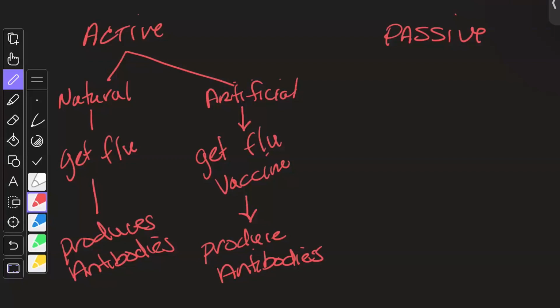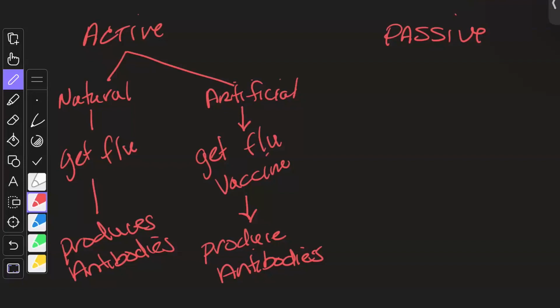But if you are exposed to the virus naturally, between the time that you got your vaccine and your body actually created the antibodies, you are still susceptible, right? That primary response, that lag that we saw, that lag means you're still susceptible to the virus until you've started producing those antibodies.